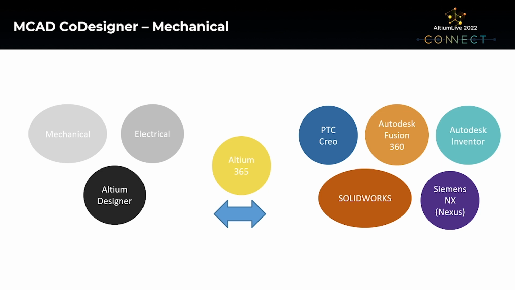All the rest you can use the Altium Designer. And pretty much Altium 365 is just that glue that allows you to do the collaboration with your electrical and mechanical teams. That's where all that data is going to be stored.